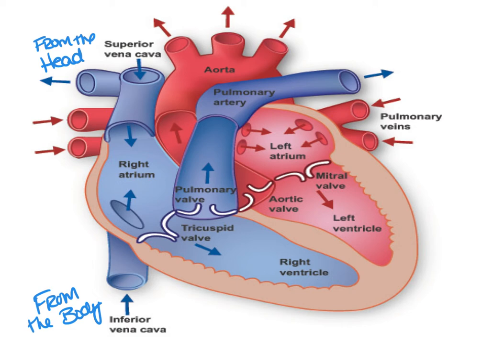Have you guys noticed a color pattern on these pictures? We have the blue side of the heart and the red side of the heart. The reason these pictures show it like this is because the blood that flows into the right side of the heart is deoxygenated.